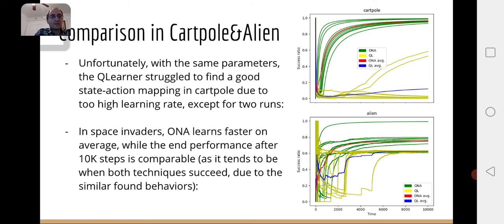Interestingly, in Cardboard, only in 2 runs the Q-learner succeeded. In most runs, it really took like 50 times as long to get to similar success ratios. And in the Space Invaders case, or Alien as we call it, both systems ended up with a comparable end performance between 0.6 and 0.8 success ratio. But again, we see that ONA learned faster, even though the hyperparameters were not adjusted at all.